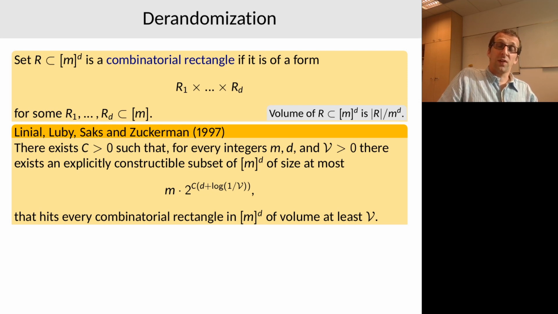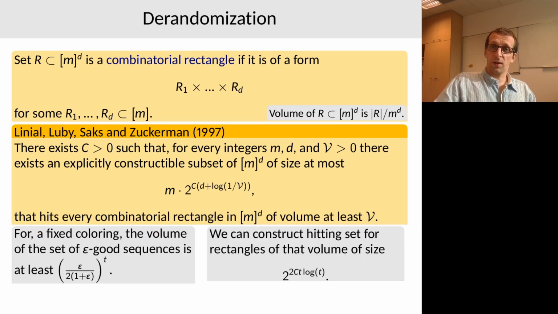They were interested in sets that intersect every large enough combinatorial rectangle, and they derived an explicit construction of such a set of quite small size. In this formulation, capital D determines what size of a rectangle is large enough. The constructed set has number of elements that is expressed by this formula, and the construction itself is based on walks in expander graphs.